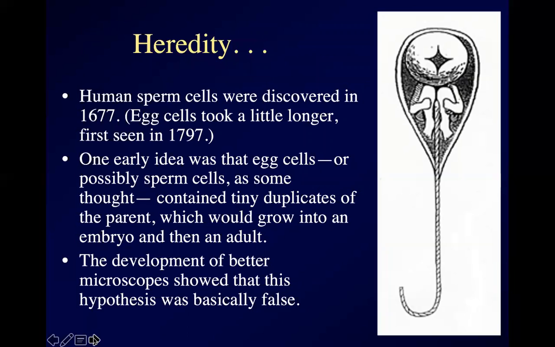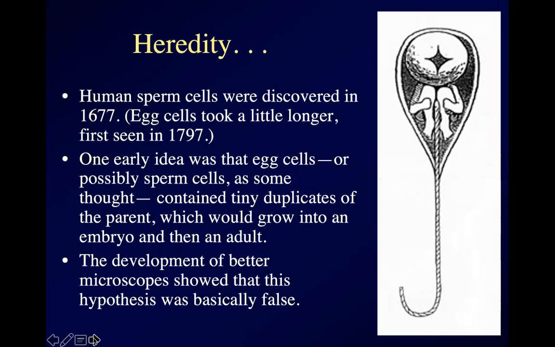Human egg cells took a little longer. We didn't spot those until 1797. Egg cells are a little bit more difficult to access. And by about 1800, people had worked out the basics of what happens when Mr. Sperm meets Mrs. Egg and makes a baby.